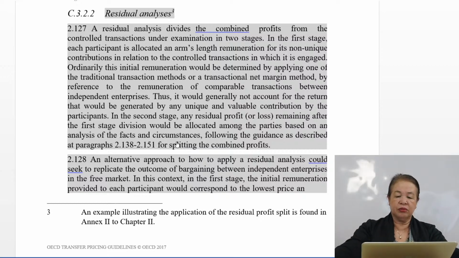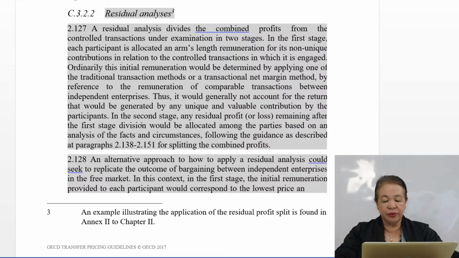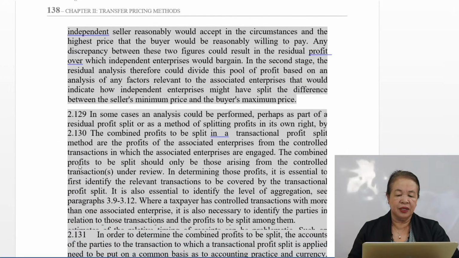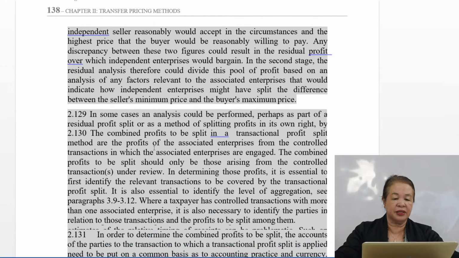So yun yung gagawin. And then the alternative approach to how to apply a residual analysis could seek to replicate the outcome of bargaining between independent enterprises in the free market. So in this context, in the first stage, the initial remuneration provided to each participant would correspond to the lowest price, no? So lowest price an independent seller reasonably would accept in the circumstances and the highest price that the buyer would be reasonably willing to pay.